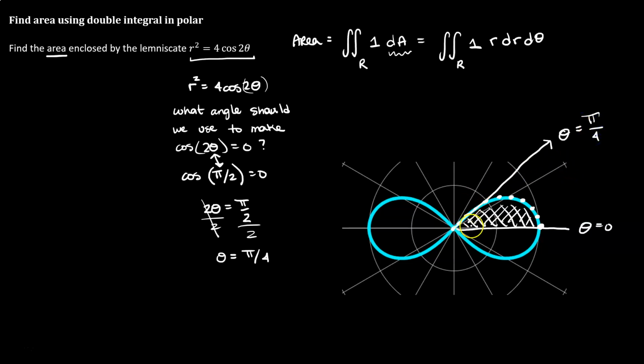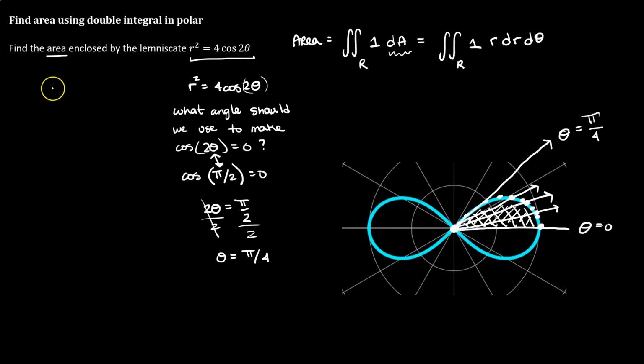We also need to figure out the radius range. So we draw our radius starting at the polar origin, and we grow a couple of rays through the region, and we can tell that each one of these rays is exiting along the curve defined by r squared equals 4 cosine 2 theta. Each one of the rays, by the way, started in the region because that polar origin is part of the interior of that region.